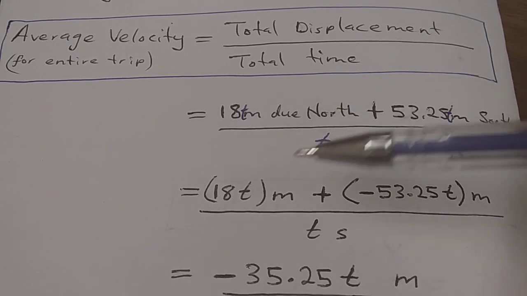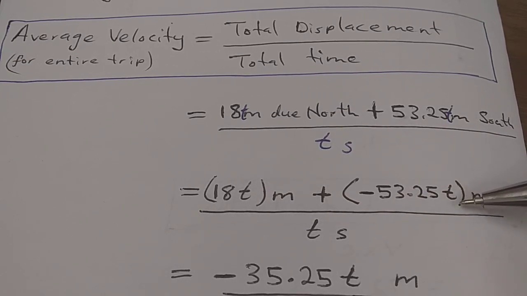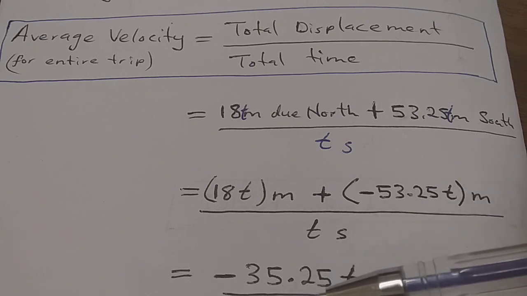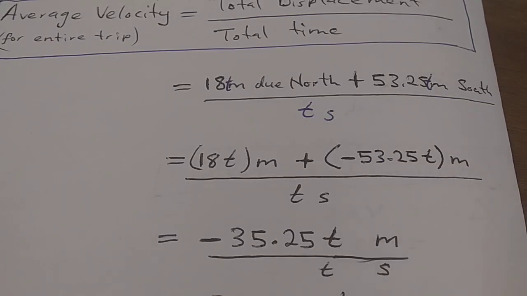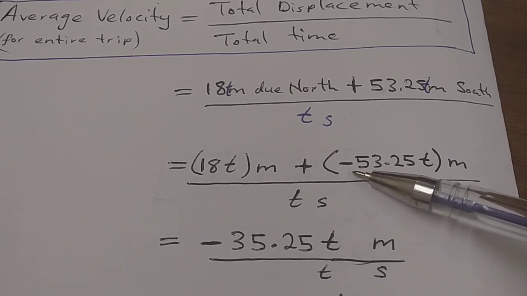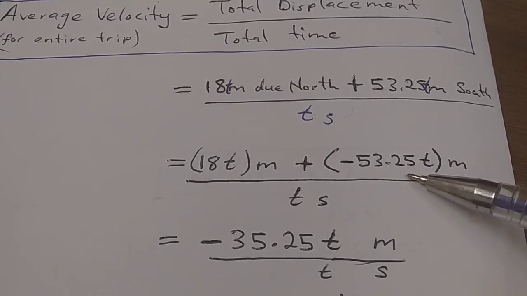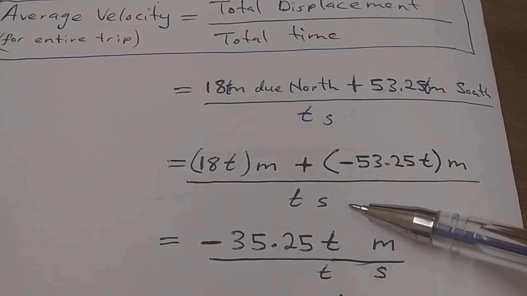Okay, so adding the two is going to give us, and then dividing at the same time by t, 18 t meters plus negative 25 t meters over t seconds.